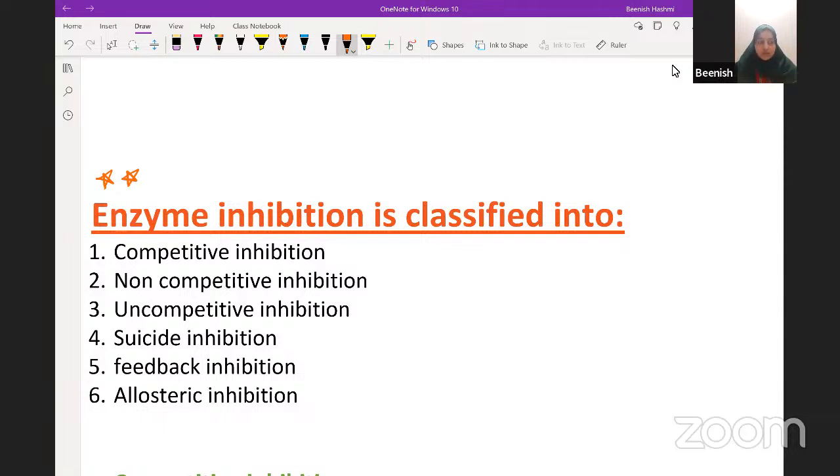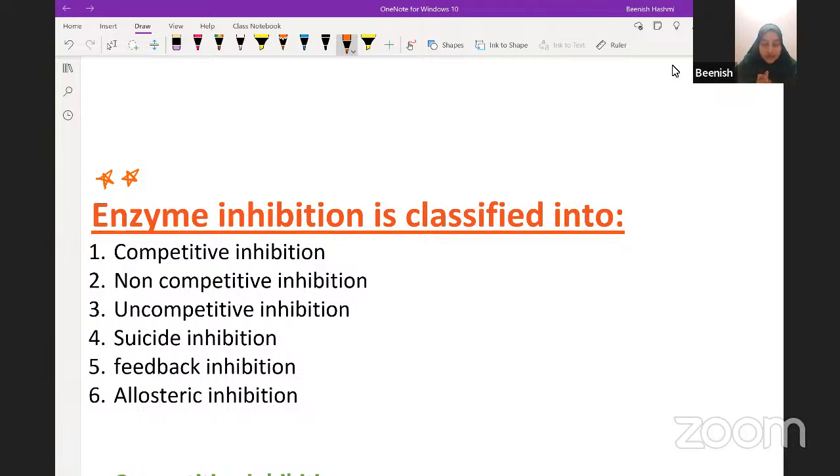Or maybe in a long answer question, you might get asked to describe all of them. But apart from that, it also has application-based questions as well. For example, when you study pharmacology, you will see that drugs are basically based on this phenomenon. So it becomes all the more important. So that's the scope for today's class, that is enzyme inhibition.